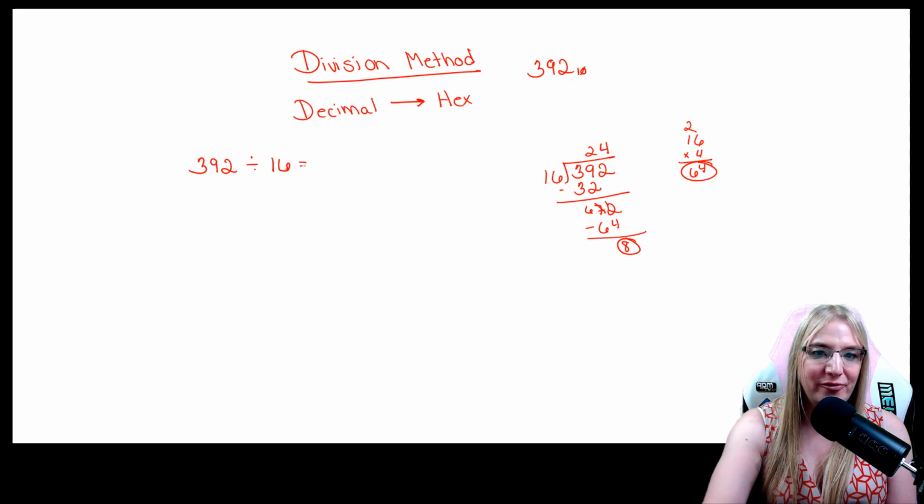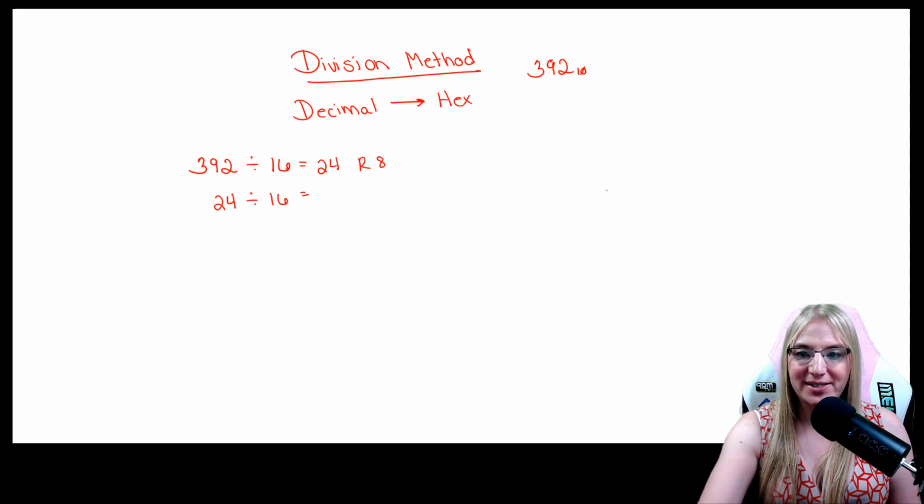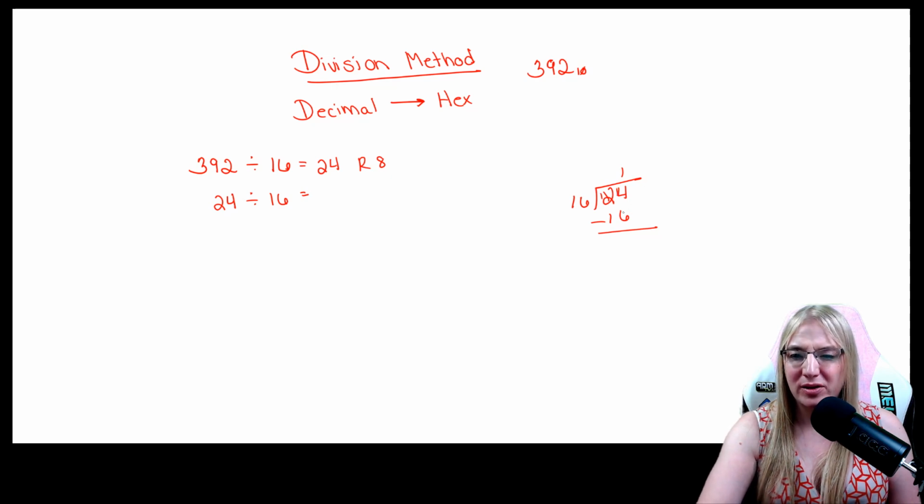So what we get is 24 with a remainder of 8. We're going to bring the 24 around, just like so. Divide that by 16. Again, it gets easier as you go. In this case, 24 divided by 16 only goes once into 24. Take the difference. That gives us 8.